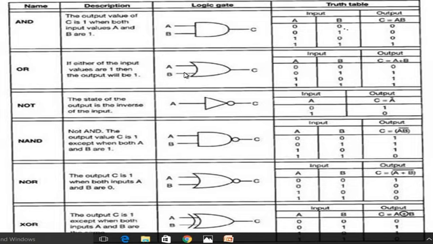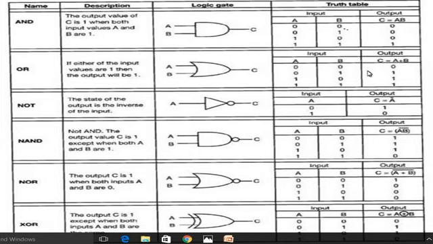Either A is true or B is true or both are true, then Y is true. See, in cases second, third and fourth, if any one input is high or both inputs are high to this OR gate, then this output C will be high. Otherwise, for 0, 0, output will be 0.